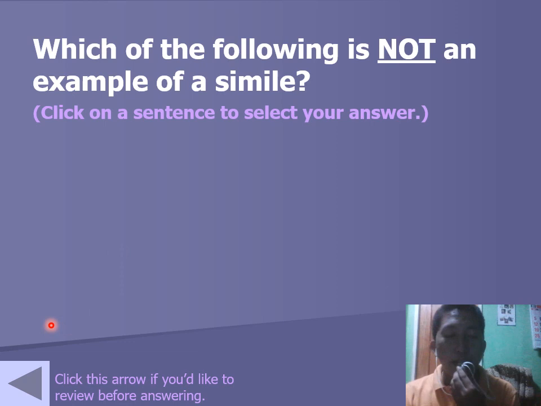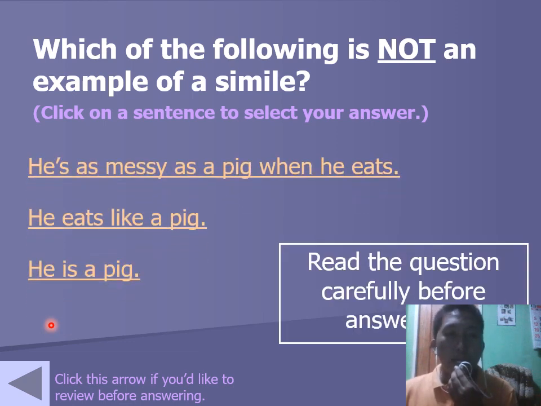Now, let us see if you already know what a simile is. Which of the following is not an example of a simile? There are three sentences in the picture. The first sentence is, he is as messy as a pig when he eats.